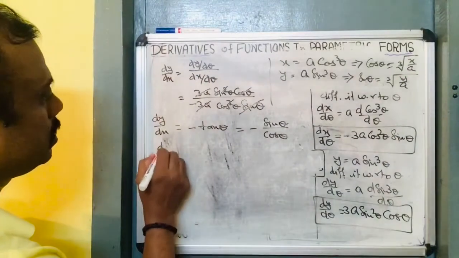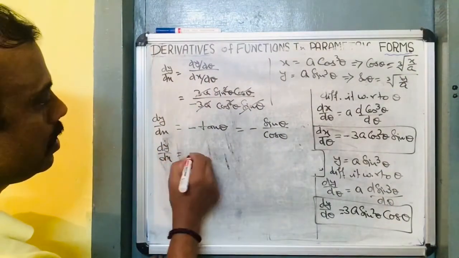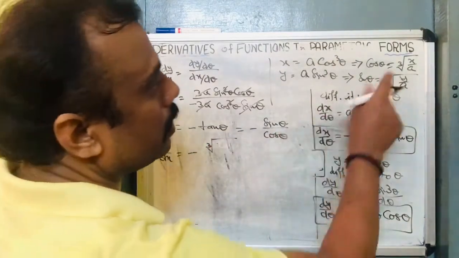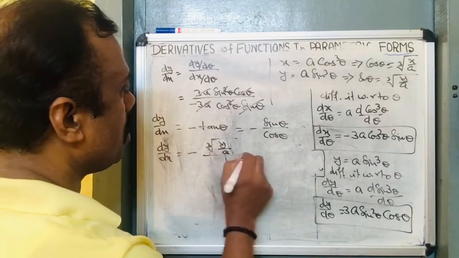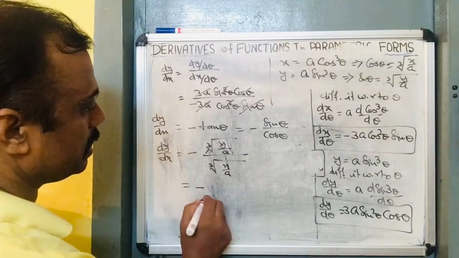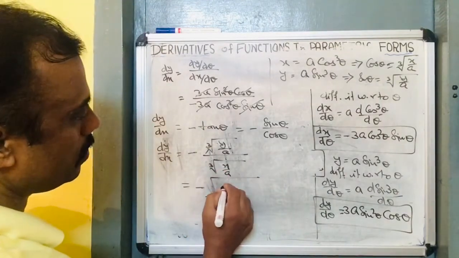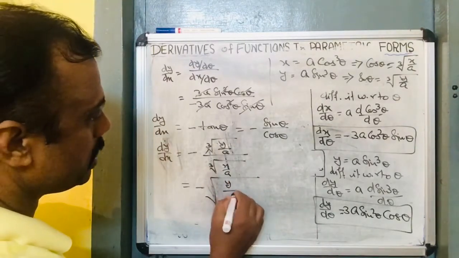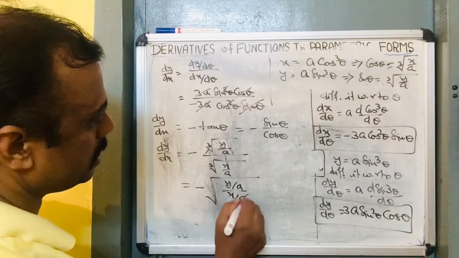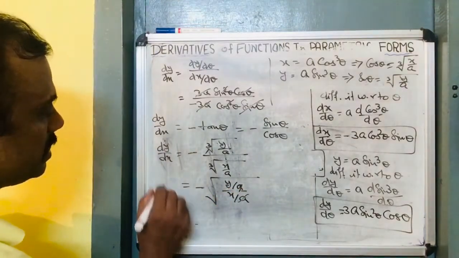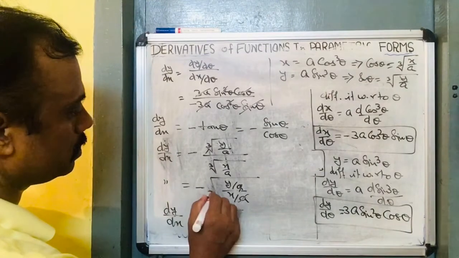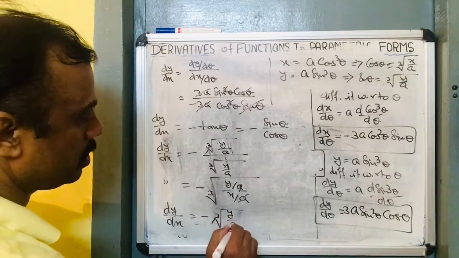So I can put here dy/dx equals minus sine theta, cube root of y by a, upon cube root of x by a. Or I can write cube root of y by a upon x by a, and the a cancels. So finally we get the answer. This is minus cube root of y by x.